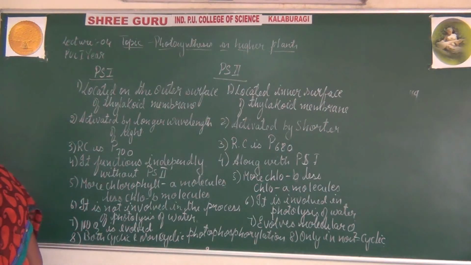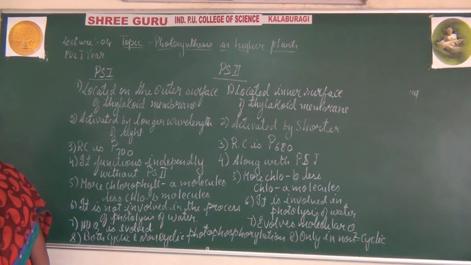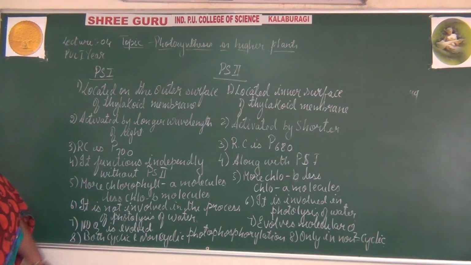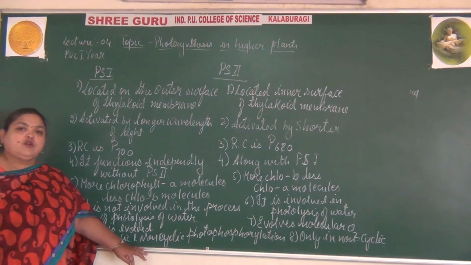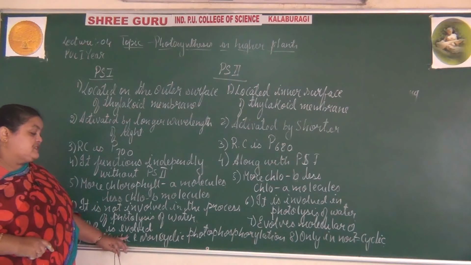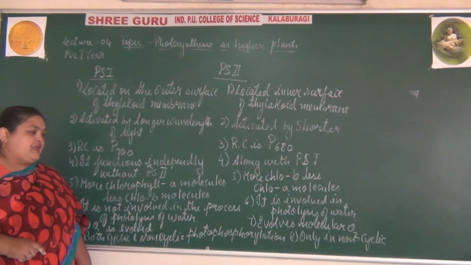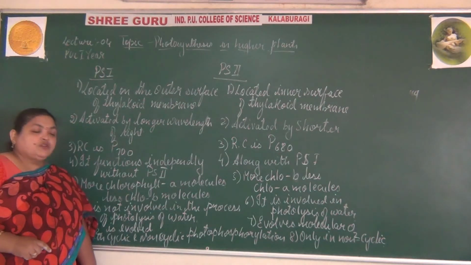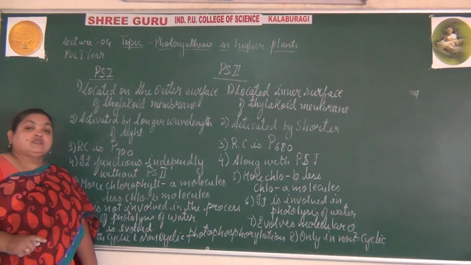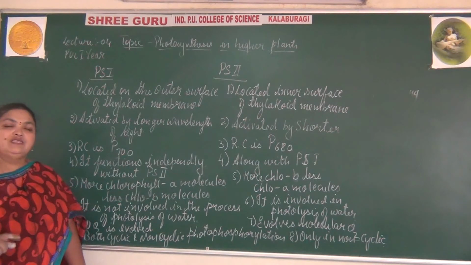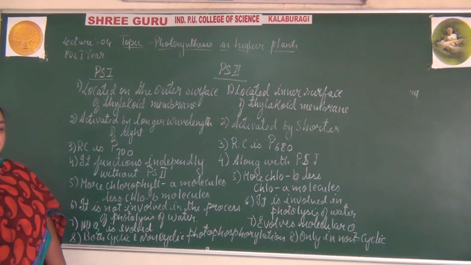Photosystem 1 is involved in both forms of phosphorylation, while photosystem 2 is involved only in non-cyclic photophosphorylation.